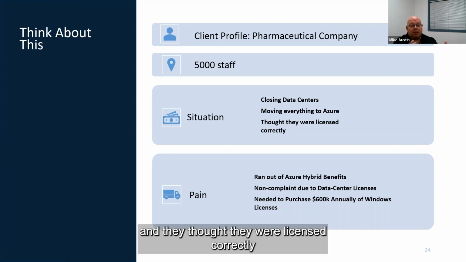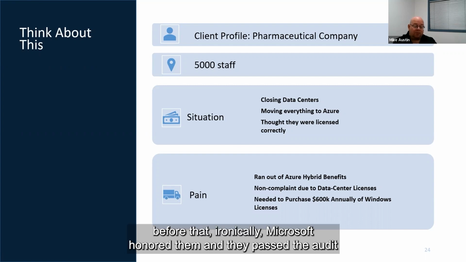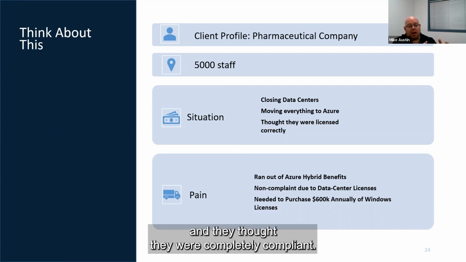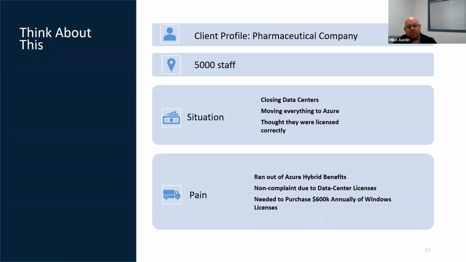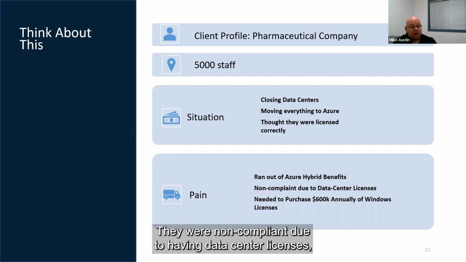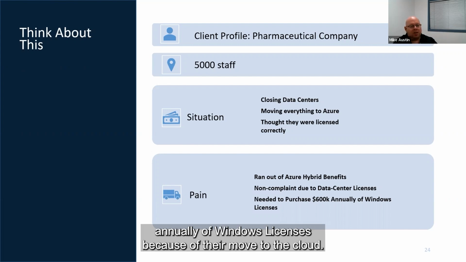They thought they were licensed correctly because when they were on premises, a few months before they started to move, ironically, Microsoft audited them and they passed the audit and they thought they were completely compliant. Okay. The reality is they ran out of Azure Hybrid Benefits. They were non-compliant due to having Datacenter licenses, which I'll loop back to in a second. And they needed to purchase $600,000 annually of Windows licenses because of their move to the cloud.